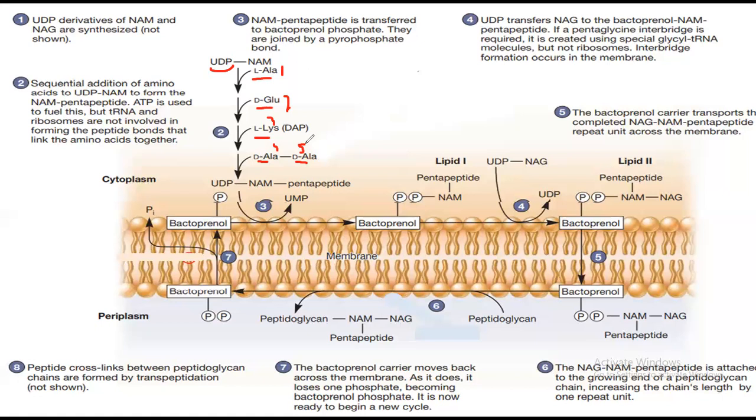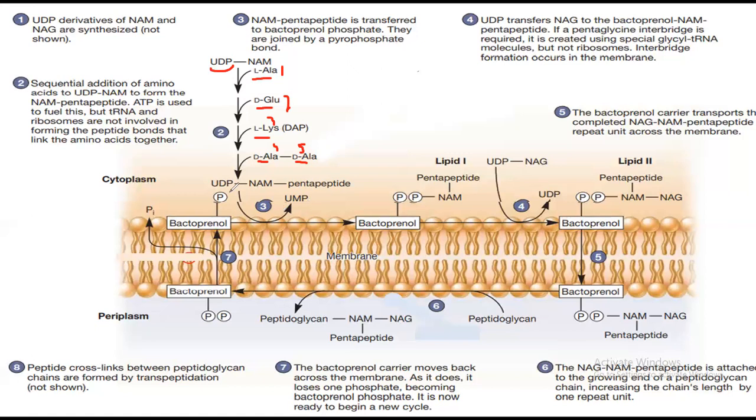Here there are just enzymes that add these amino acids to each other. So if your examiner asks whether ribosomes and transfer RNA are involved in this process, your answer will be no. Your answer will be that here simple enzymes are used to add these amino acids. Keep this in your mind.